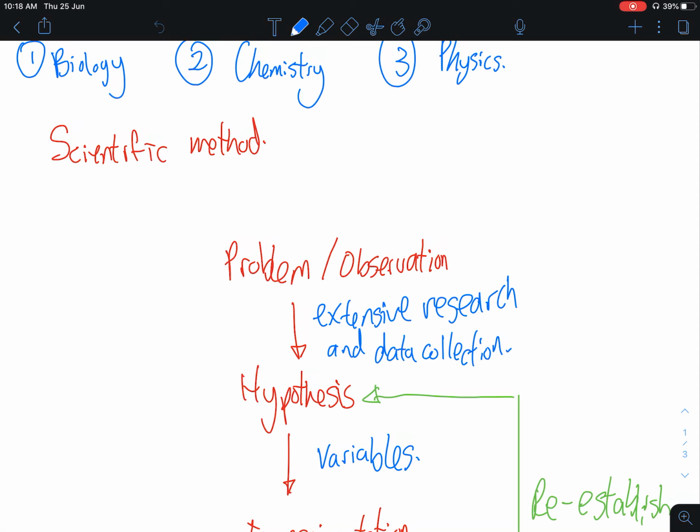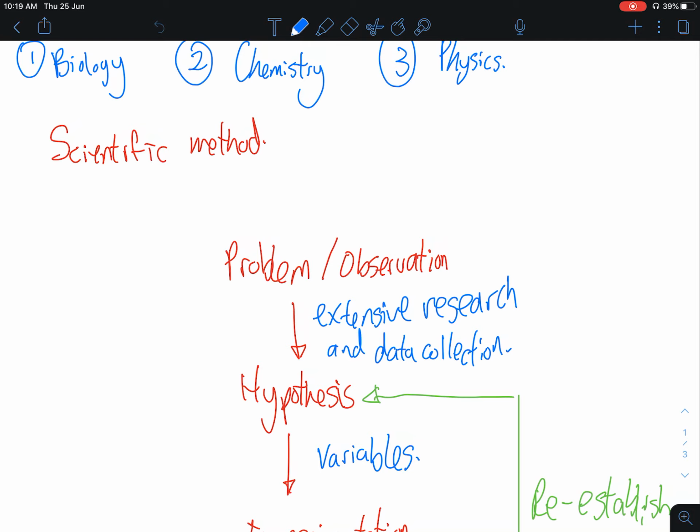Then observation will be, for example, you see that plants are green in color. Then you ask, why does it have to be green in color? Or what are some of the factors that can affect the plant from becoming more green, or to have a lighter green shade? So maybe you see your neighbor shine UV ray onto the plant and it's lighter in color as compared to another neighbor who has the same plant but doesn't use the UV light ray.